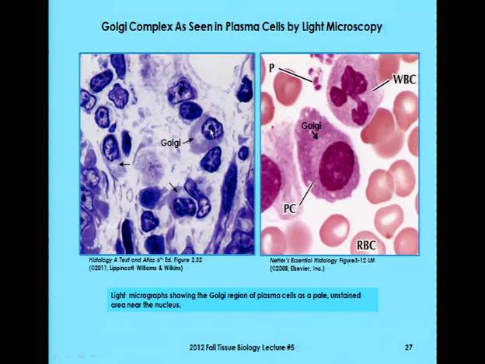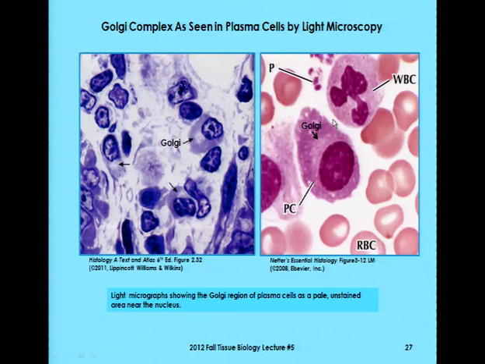And this is best seen in plasma cells. In both of these micrographs, we see an area that is not stained, and this corresponds to the Golgi complex region. The rest of the cytoplasm is stained because of the large amounts of rough ER present.